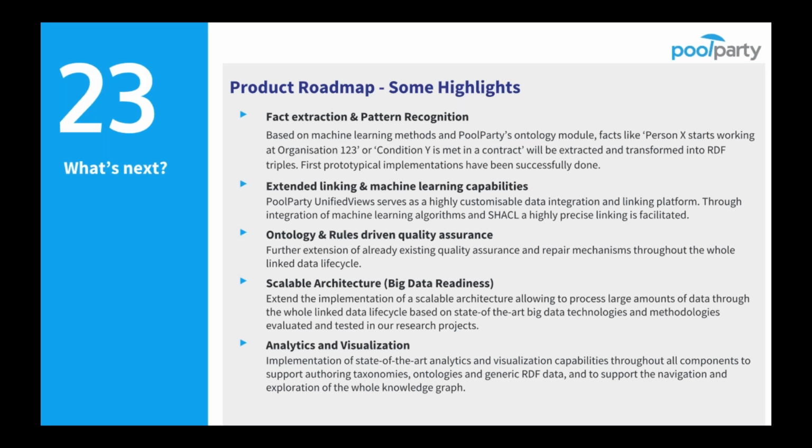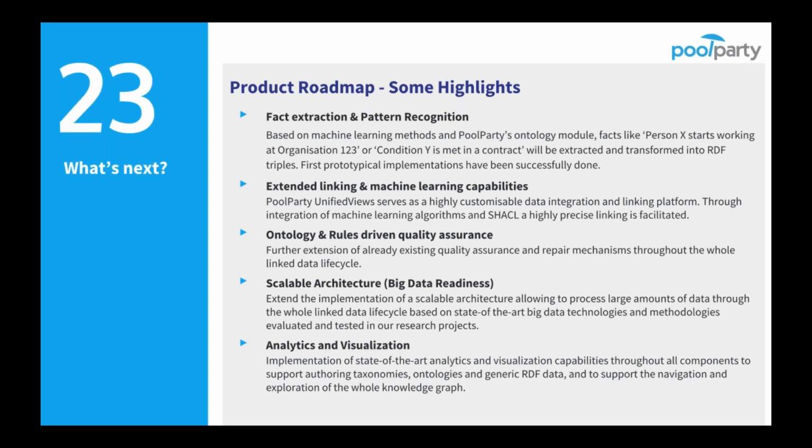For the extended linking and machine learning capabilities, we want to look more deeply into what you can use unified views for to support high quality data processing and analysis. So we want to look into integrating machine learning algorithms and also data validation standards like SHACL, which can be used for constraint checking on the processed data to ensure the consistency and quality.